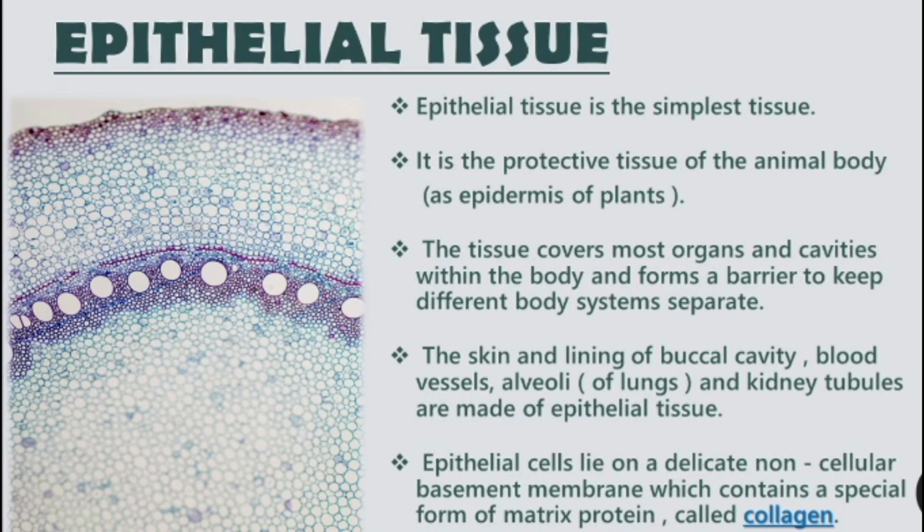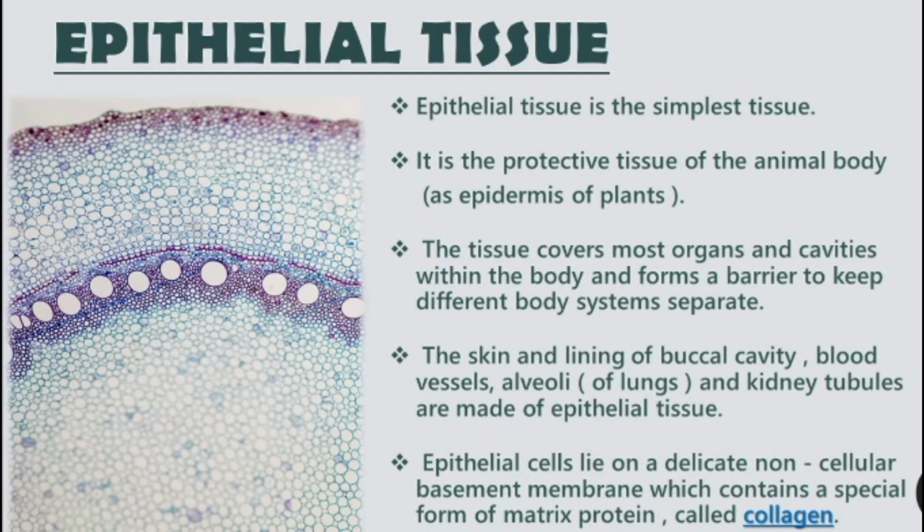The skin and the lining of the buccal cavity, blood vessels, alveoli of lungs, and kidney tubules are made of epithelial tissue. So epithelial tissue is highly arranged in these kinds of animal parts: the buccal cavity, blood vessels, alveoli present in the lungs, and kidney tubules. All these organs are made up of epithelial tissue.